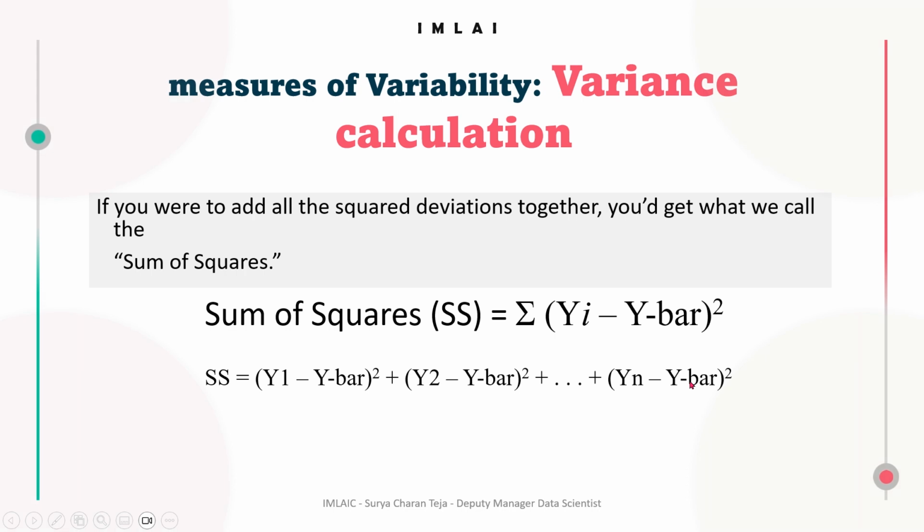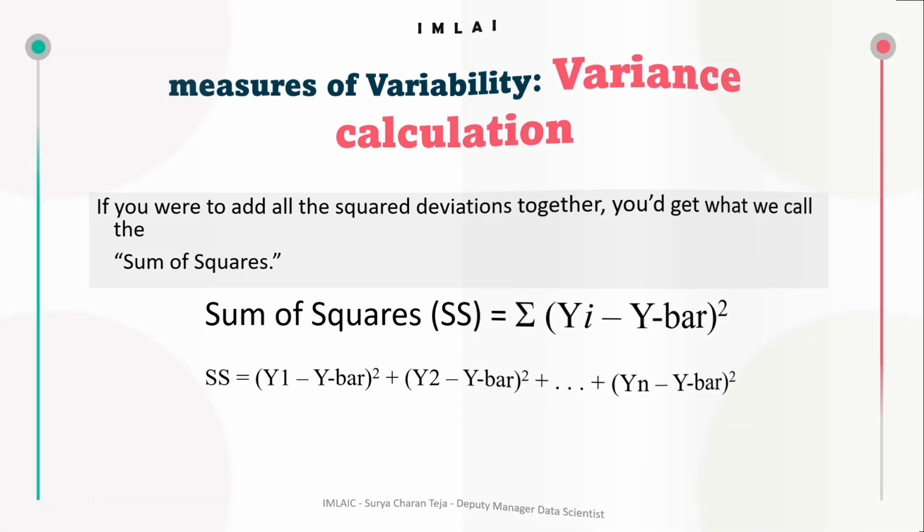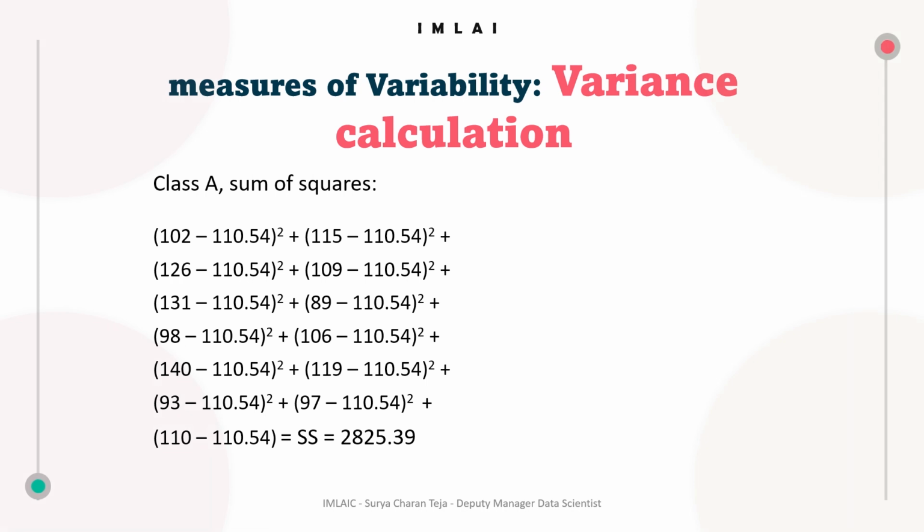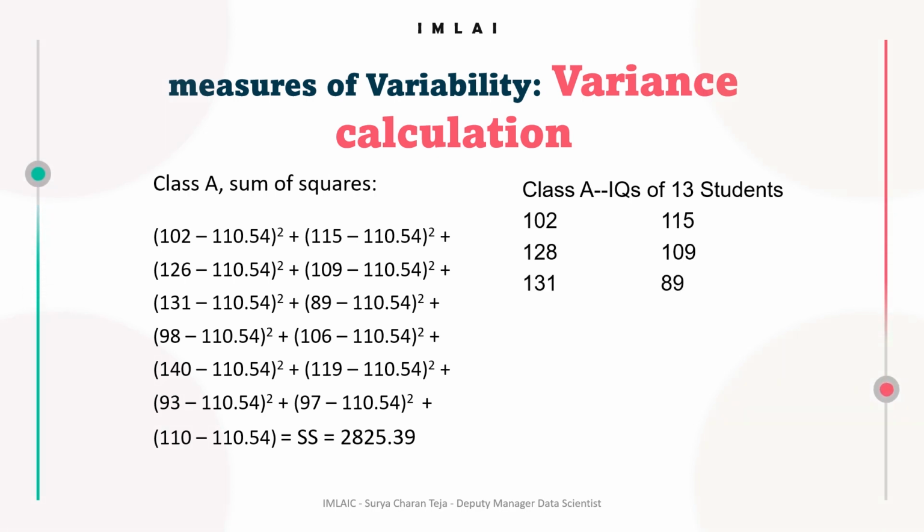Let me explain this with our IQ example, so that would be much easier. We are doing the variance calculation with the class A IQs of 13 students. So this is 102, 128, these are the 13 students' IQs.